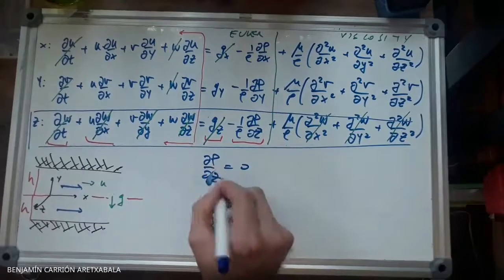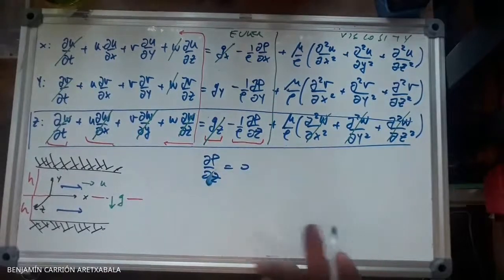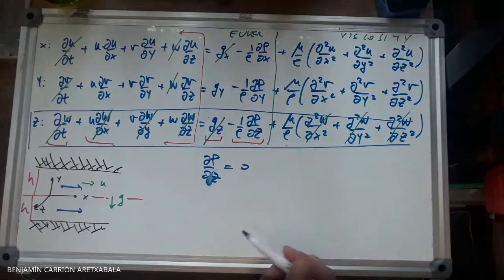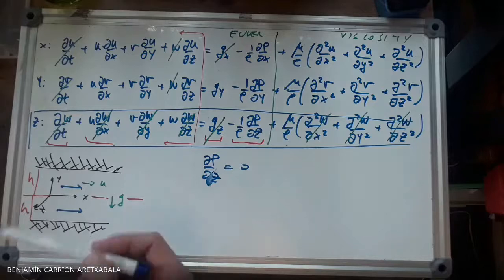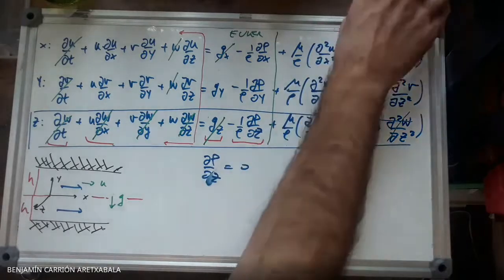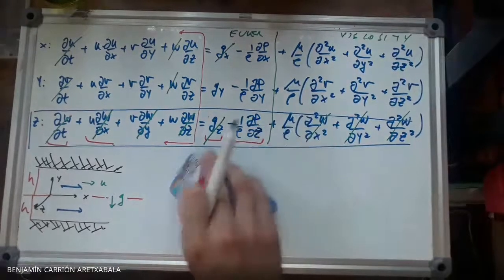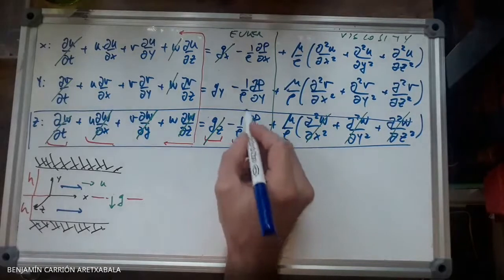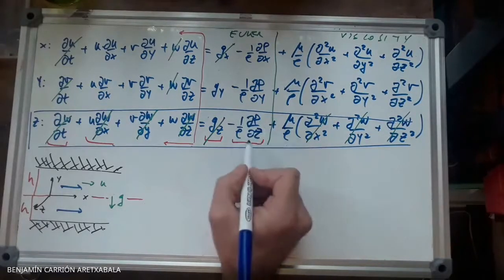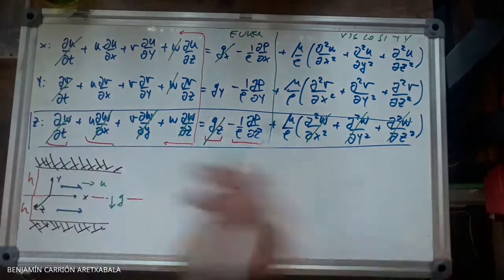So p doesn't change in the direction normal to the whiteboard. So this equation is not really very useful, so we can just throw it out of the window. But that's one of the equations. We can't really neglect this, but we know this is zero because everything else is zero.